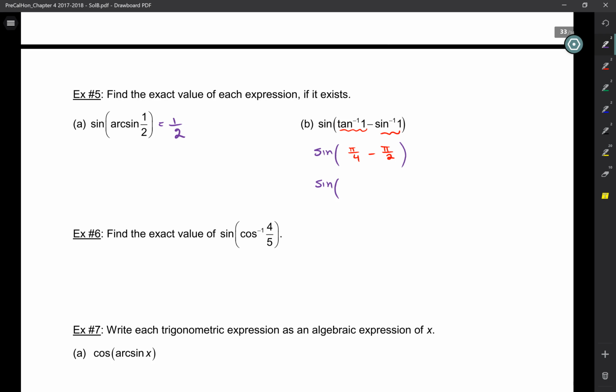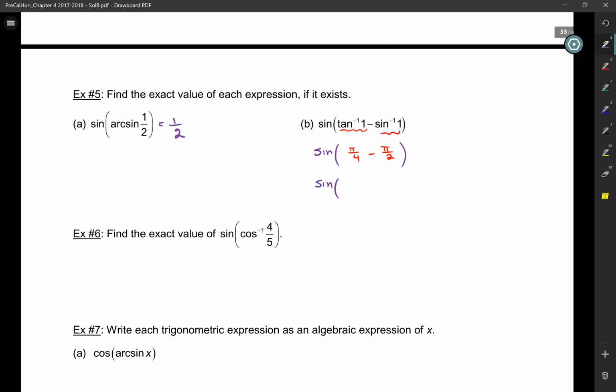Can you just take that out of parentheses, because sine of inverse sine of 1 would have to be 1? No, it doesn't distribute that way. Remember, did we do sum and difference identities last year?